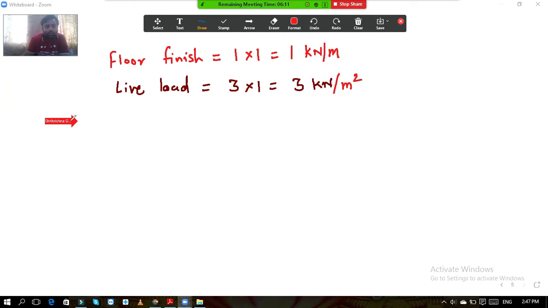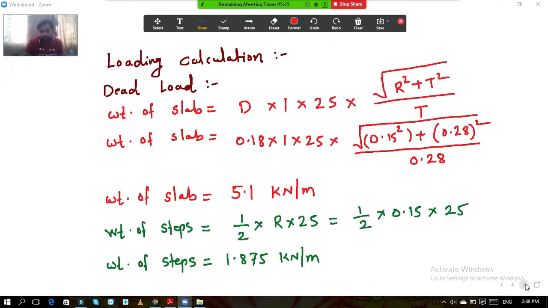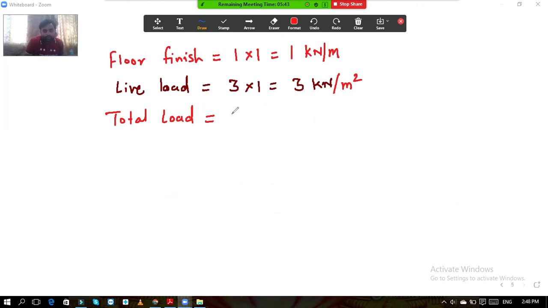Next thing is total load. So I will write over here total load. Total load is total dead load plus live load. So what is the total load now? Add all the things and let me know the value. So 5.1 plus 1.875 plus 1. This is total dead load.